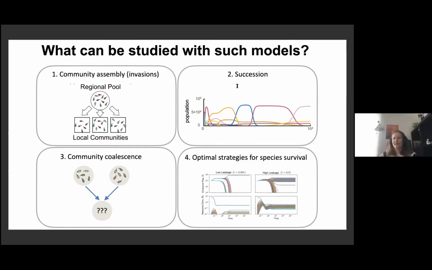So we can have all those waves of blooms and extinctions in the community. Another very interesting and practically important scenario is community coalescence. It's when we mix two different communities and see what microbes from each community will survive.